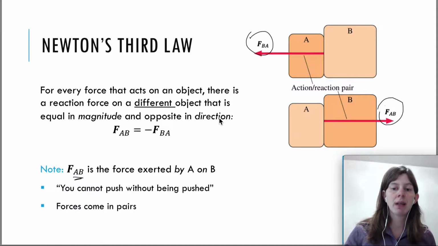And another way to think about this is that force comes in pairs. And we saw this in the definition of force. We said forces are interactions between objects, that you can't have a force for just one object. There's got to be two objects, one doing the action, one receiving the action.